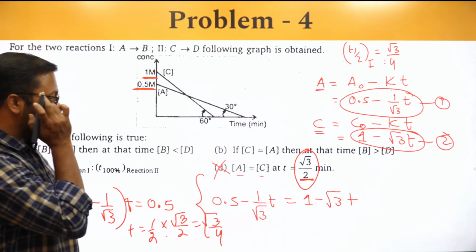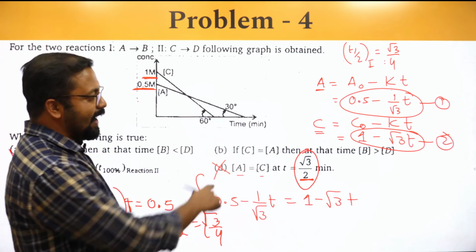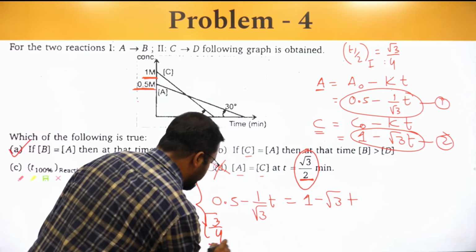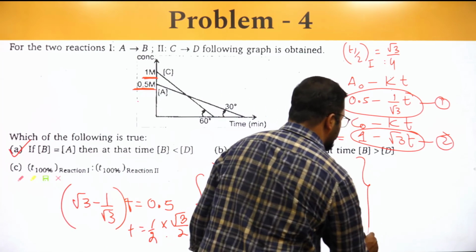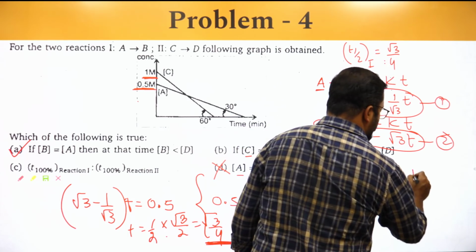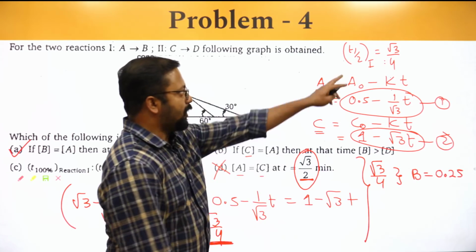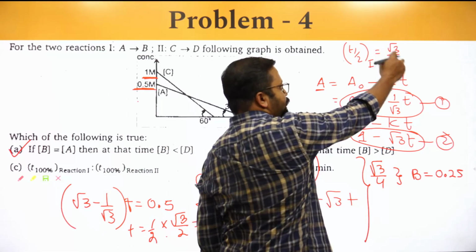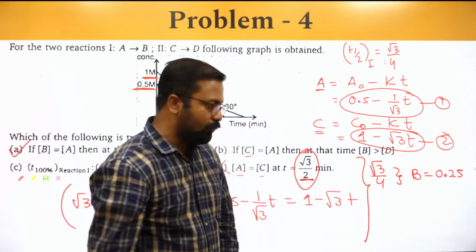So D is incorrect. B option: if C is equal to A, then at that time B is greater than D. Now tell me one thing, you have calculated the time, this time is root 3 by 4. At root 3 by 4, the amount of B is 0.25, because T half of first reaction is the amount of B, T half of first reaction is 0.25 because half life is root 3 by 4.